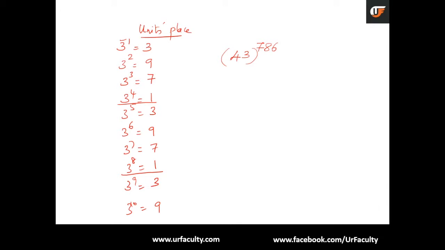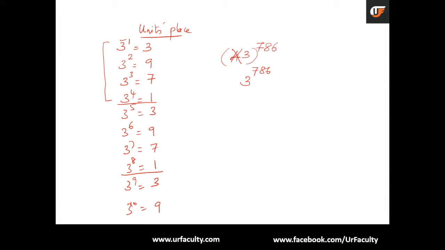Please don't worry about what number is in the tens place, so just remove it. Now your whole expression is reduced to the units digit, 3, to the power of 786. The next step is bringing it to the power of one of these and making it an expression.